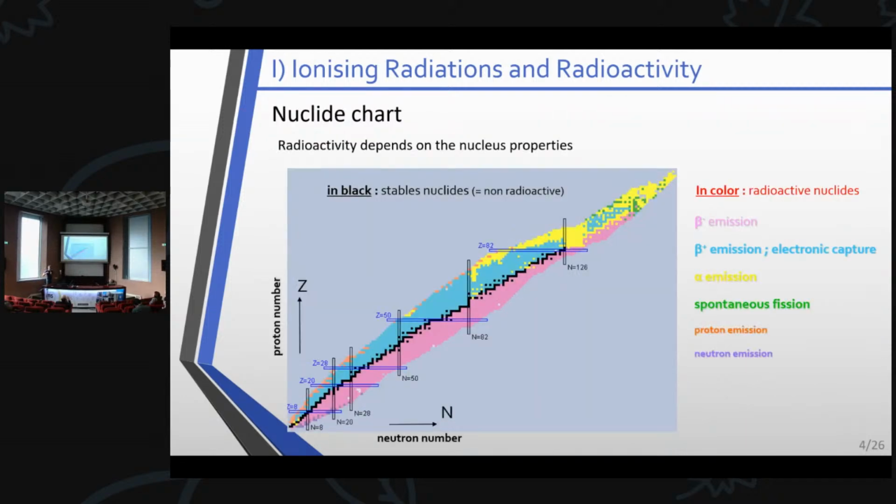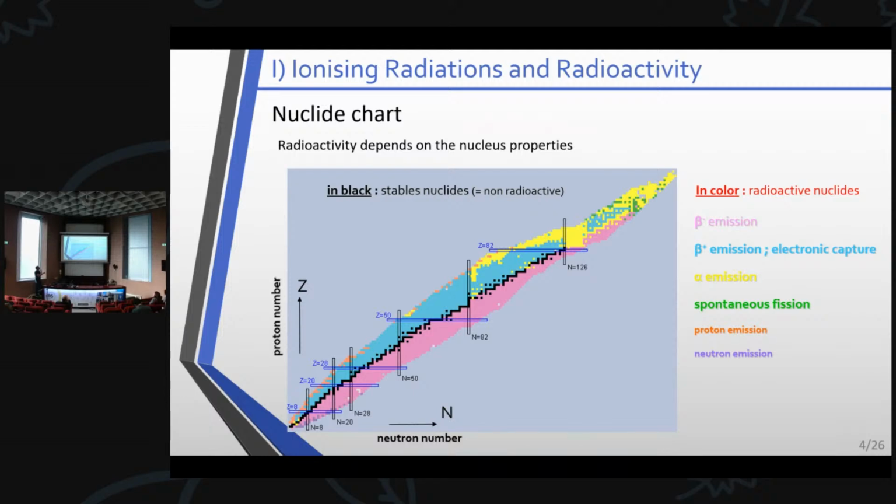So if we speak about radioactivity, I will show you what we call the nuclide chart, where you have the number of protons in your nucleus and here the number of neutrons. All the elements we know naturally on Earth are on this black curve. But you can have different nuclei called isotopes, which are not stable and which try to go back to stability by decaying into something else.